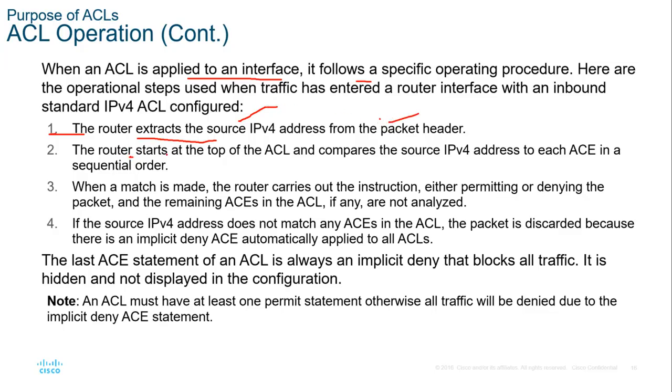Then the router starts at the top of the access control list and compares the source IP address in the packet header with each access control entry. The source IP has to be compared to each and every entry in the access control list in sequence order, starting from the first one, meaning that the order matters.